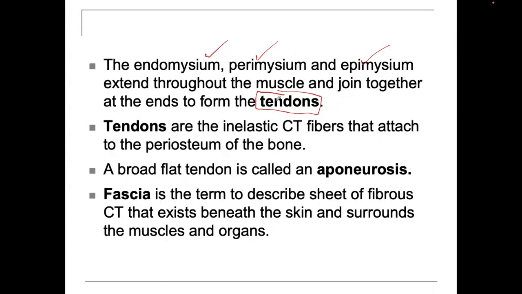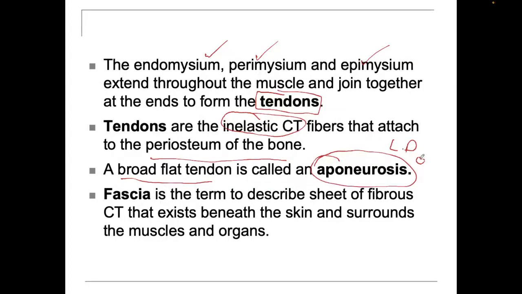Now, muscles have elasticity, but tendons are inelastic connective tissue, and they attach to the periosteum of the bone. If you have a broad, flat tendon, that's going to be called an aponeurosis. And you're going to hear aponeurosis with a few muscles, like the latissimus dorsi muscle or the lats.